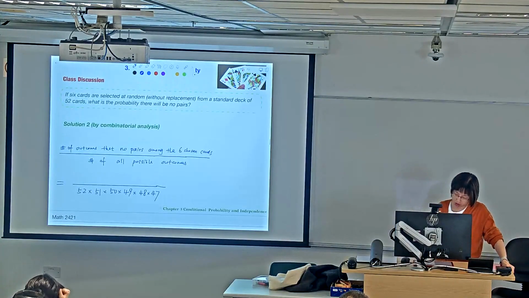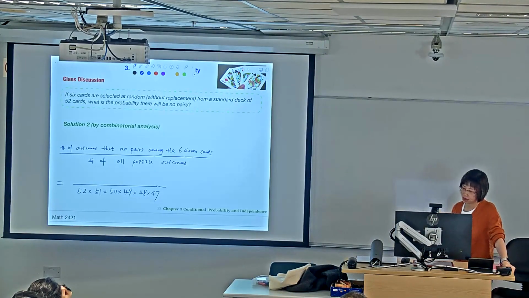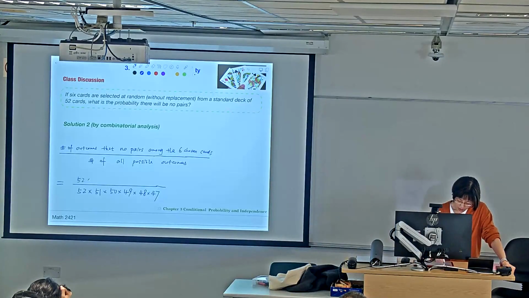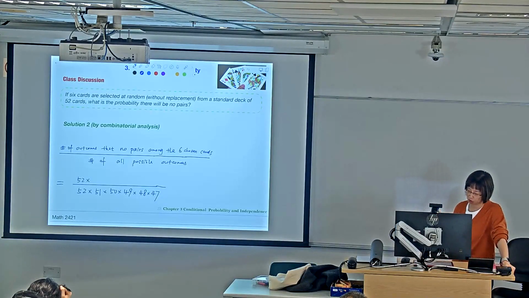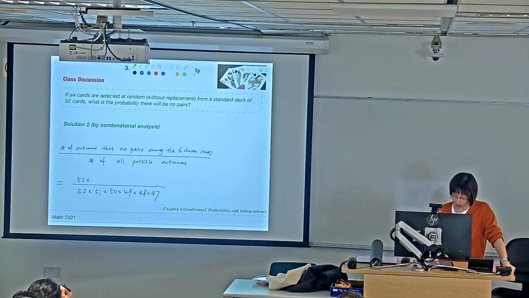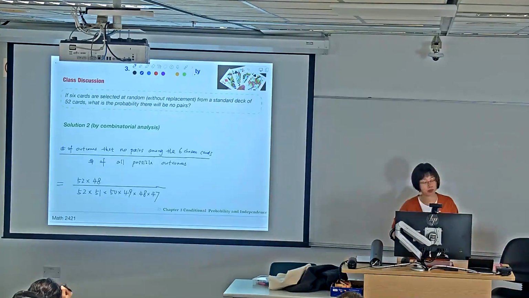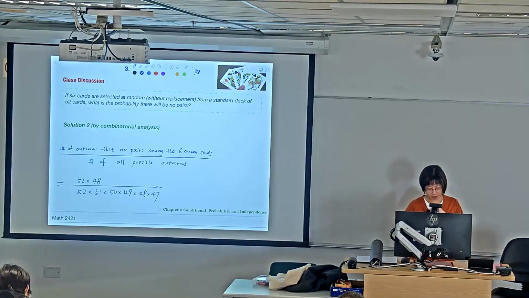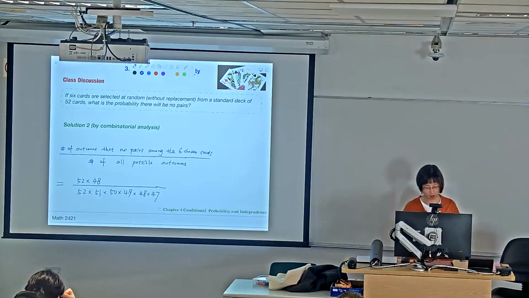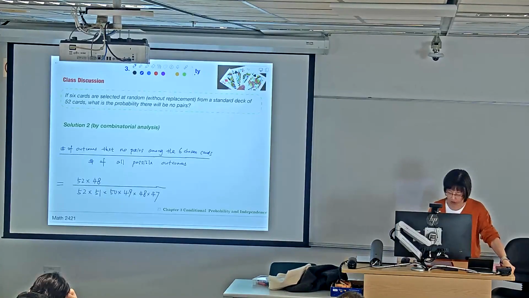And for the numerator, we count outcomes with no pairs. For the first card, you have 52 choices. For the second one, you don't want it to be the same as the first card, so you are left with 48 cards, because there are 4 cards with the same number in each deck.